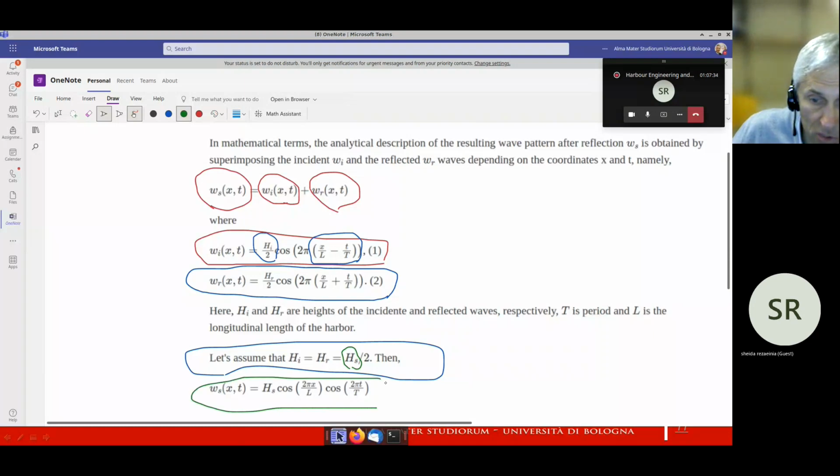It's very simple, but of course it is written in this way because we imposed the same phase. And we impose the same phase because we know that when a wave hits against a wall, there is a free boundary, and therefore the reflected wave has the same phase. This is the key point, and we have to understand it and fix it in mind. It's the difference between the head of the harbor and the mouth of the harbor. Okay, good.